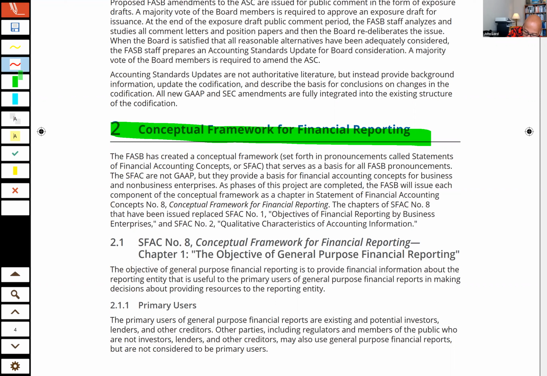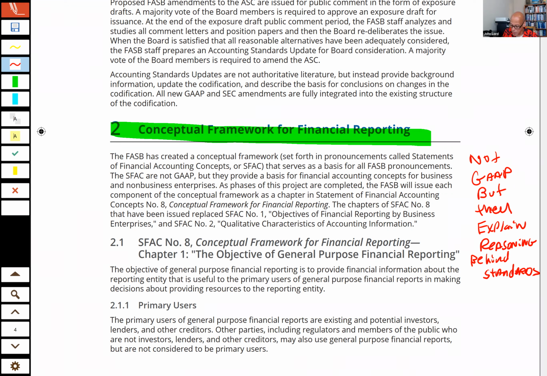So what the conceptual framework does is, they are not GAAP, but they explain the reasoning behind the standards. They in and of themselves do not establish GAAP, but they explain the reasoning behind the various standards that the FASB comes out with.